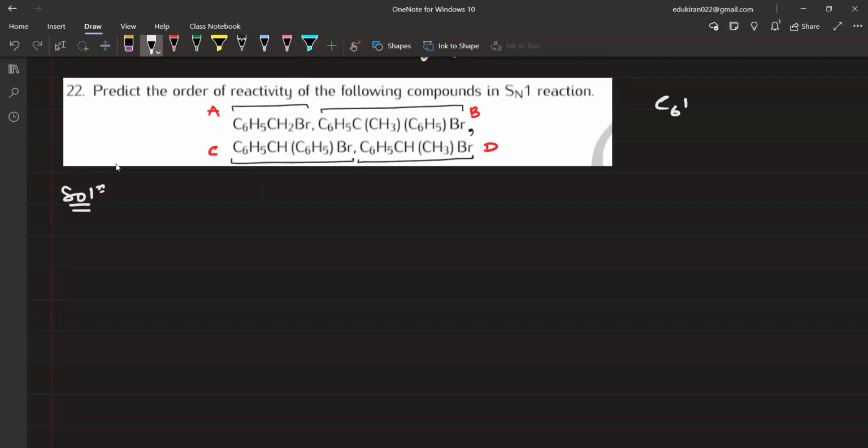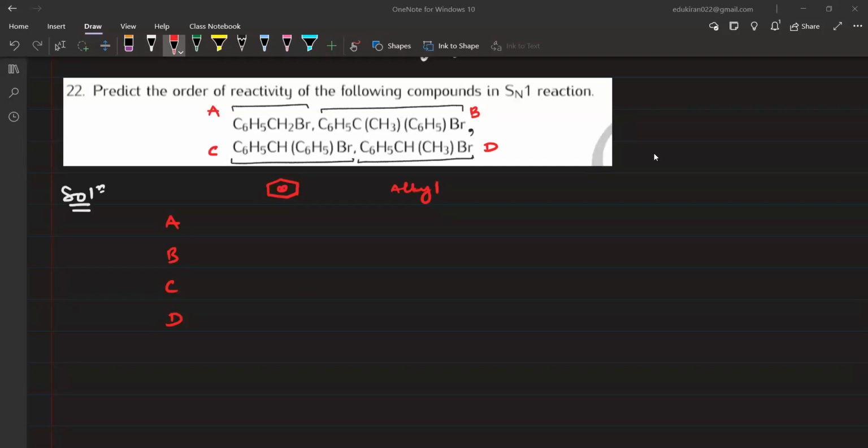The C6H5 component, C6 with H4 or H5, is going to be a benzene ring. So what you have to count, you will write it like this: A, number of benzene rings, and the alkyl groups. Then B, then C, and then D. So tell me the number of benzene rings in the A structure. Write in the chat, how many benzene rings are there in the A structure?